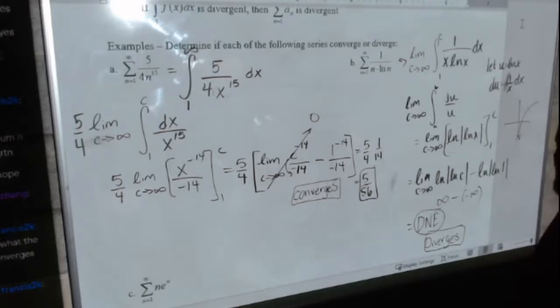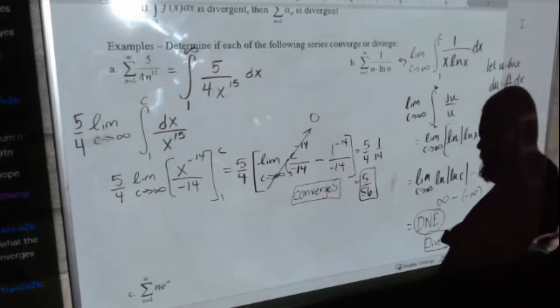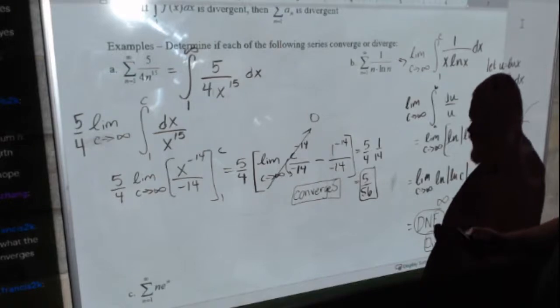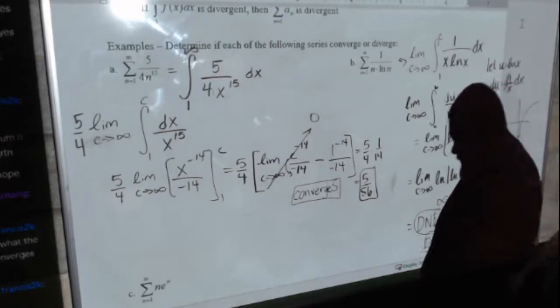All right, got one more of these guys. So any questions about this one?